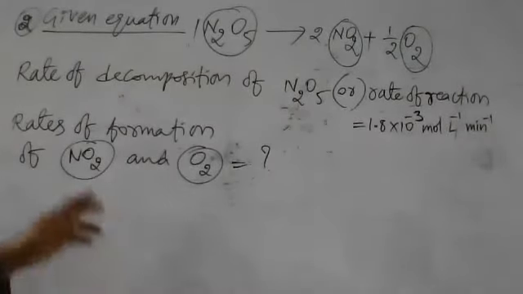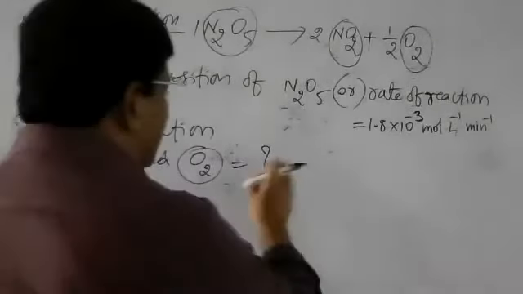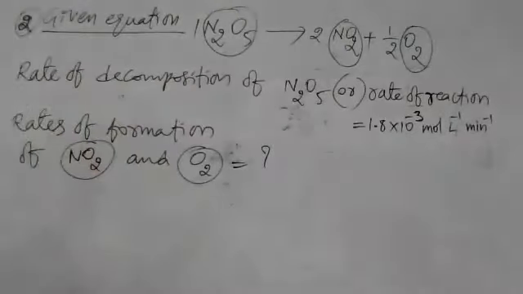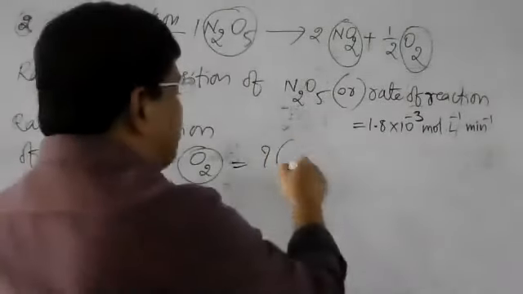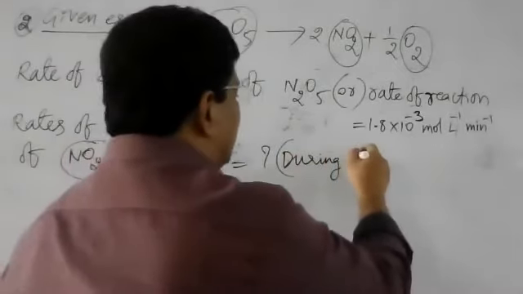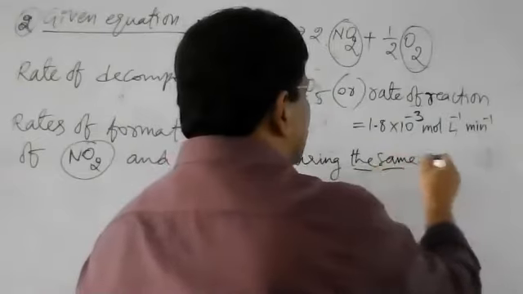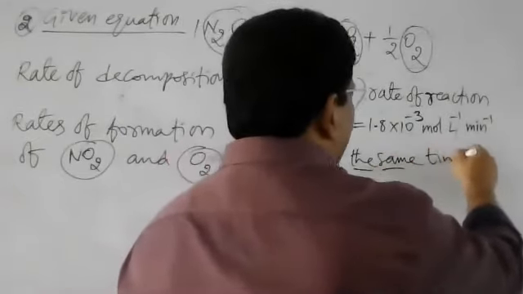Now they ask you to calculate the rates of formation of NO2 and O2 during the same time interval.